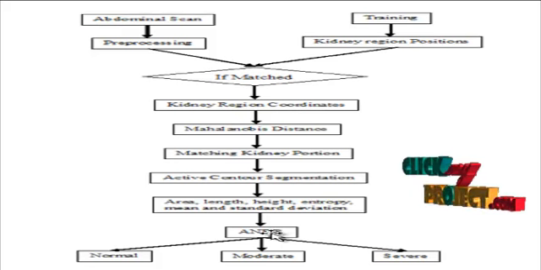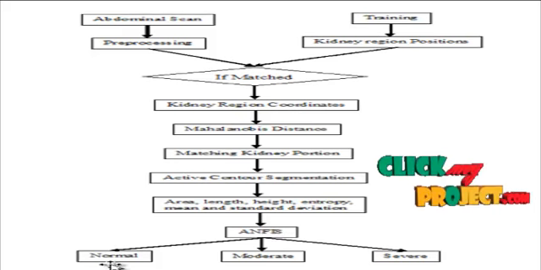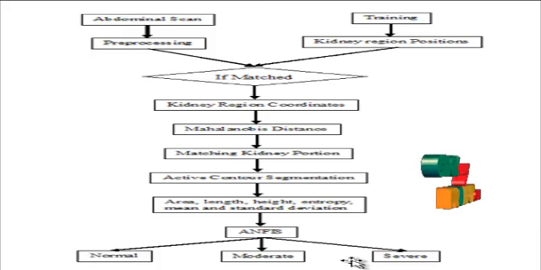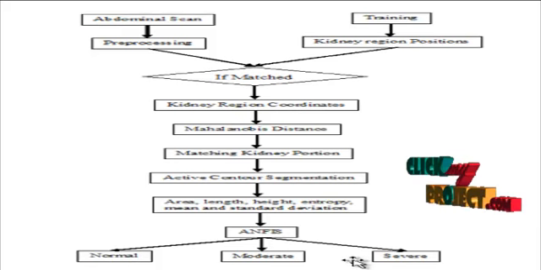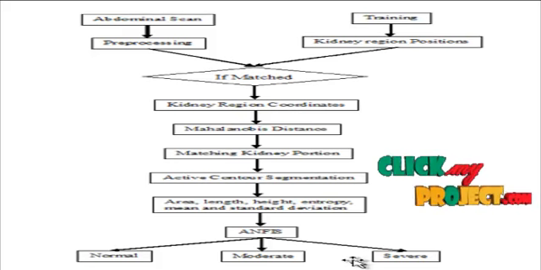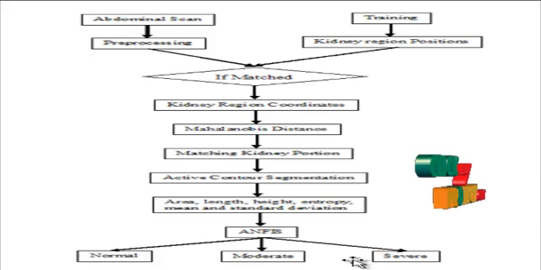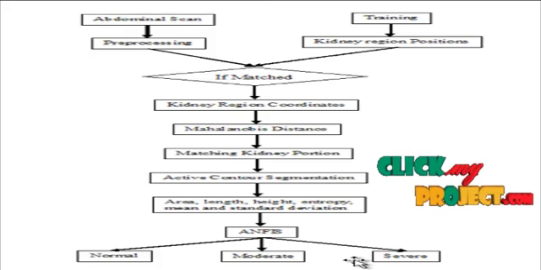So this classifier classifies the images into normal, moderate and severe categories. Thus we have segmented the kidney portions from the images and we have analyzed the overall defects in the locations.